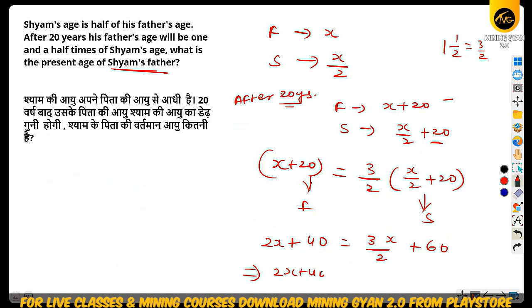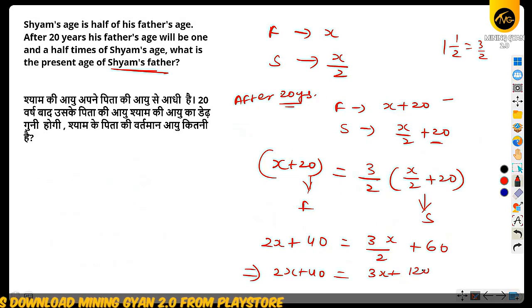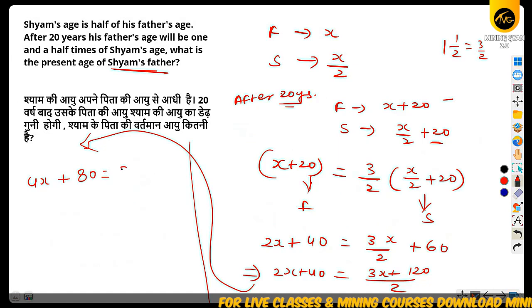Now 2x plus 40 is equal to 3x plus 60, into 2, 120, divided by 2. So 2 into 2x will be 4x, plus 40 into 2, that means 80, is equal to 3x plus 120.